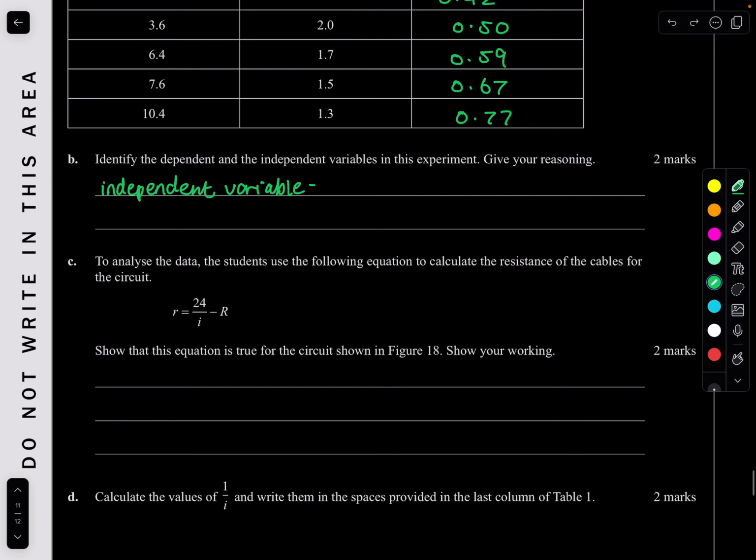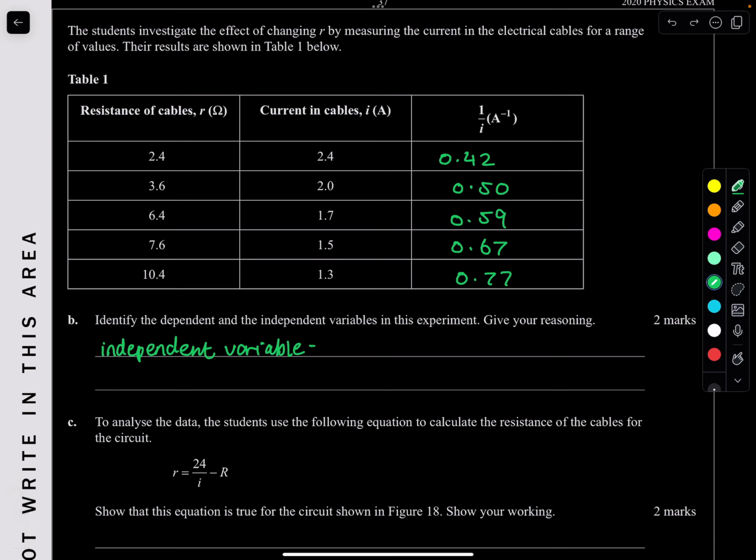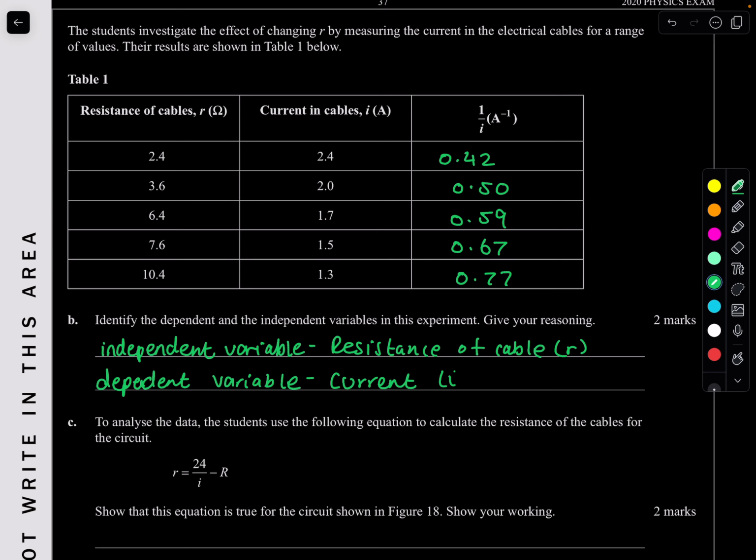So the independent variable is R, the resistance of cable. Your dependent variable is your current. That's it.